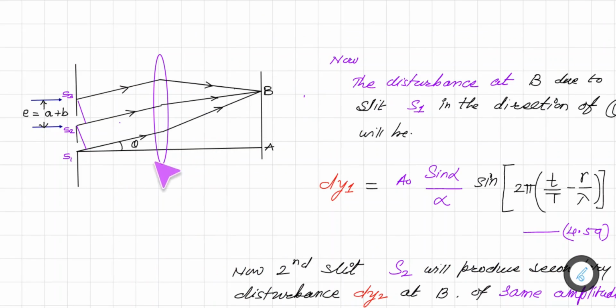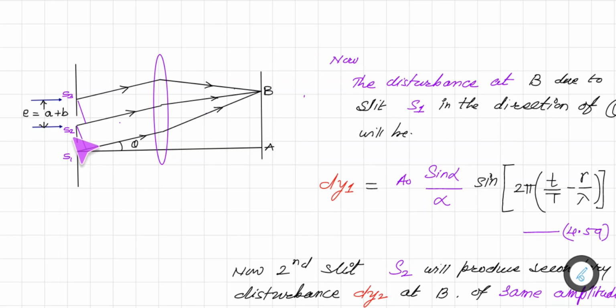Now let us consider, say, this is slit S1. When light passes through slit S1, it produces a disturbance, and now we are going to consider the disturbance at B due to slit S1.